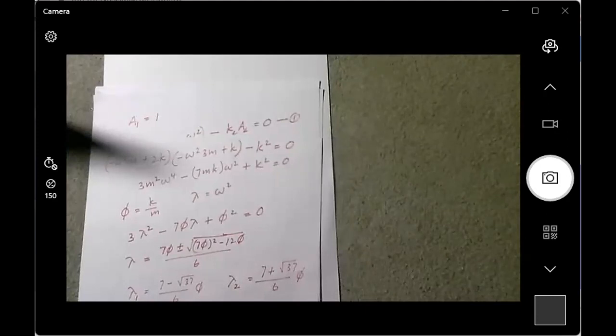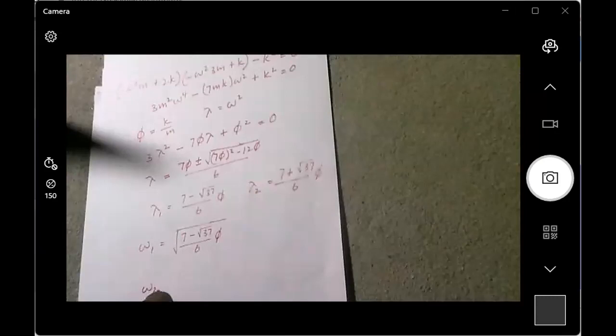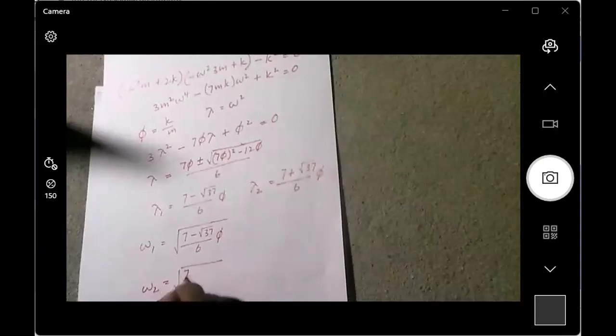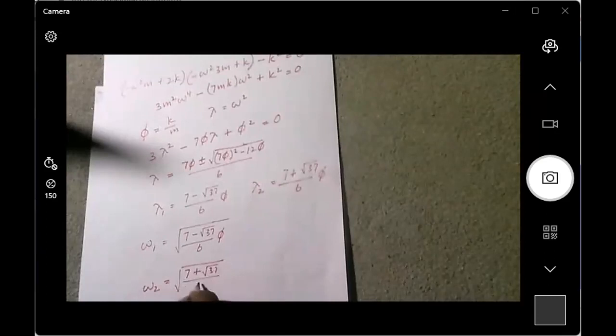You can simplify and get the decimal values. Omega 2, we are only going to take the positive value here, because omegas are frequencies.